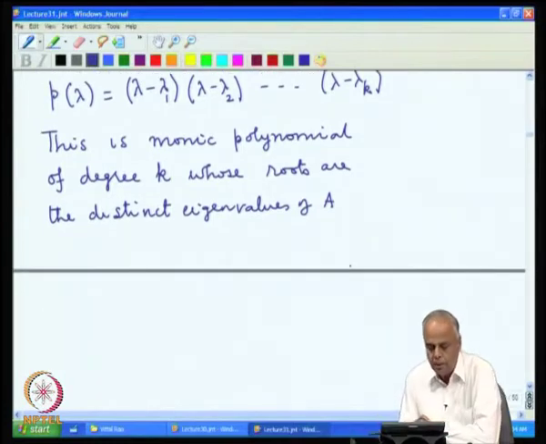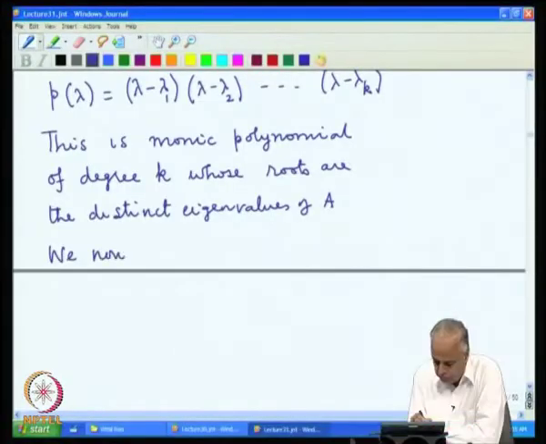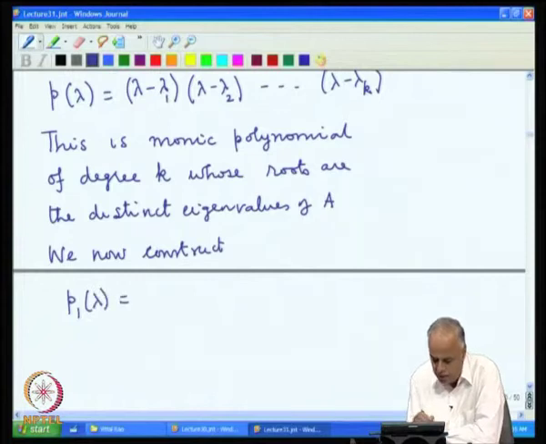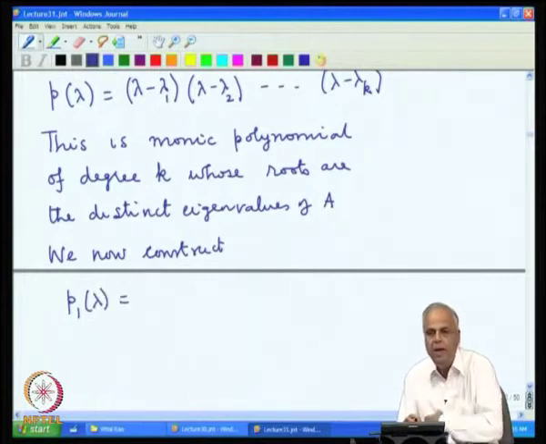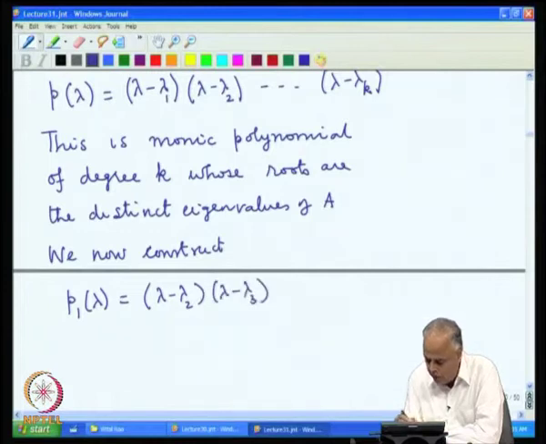Now, what we do is we construct a lower degree polynomial by removing one factor of these k factors one at a time. For example, we now construct p 1 lambda. When I say 1, I mean from p lambda remove the first factor. So, what do you get? We do not get lambda minus lambda 1. So, we get lambda minus lambda 2, lambda minus lambda 3, lambda minus lambda k.